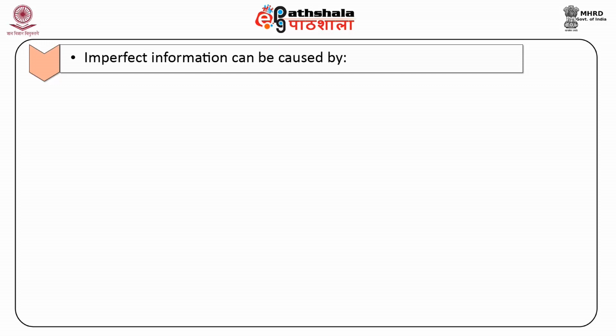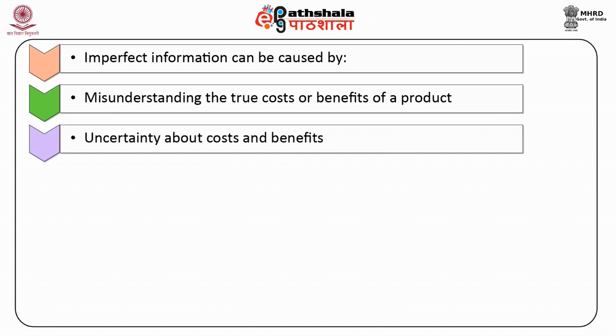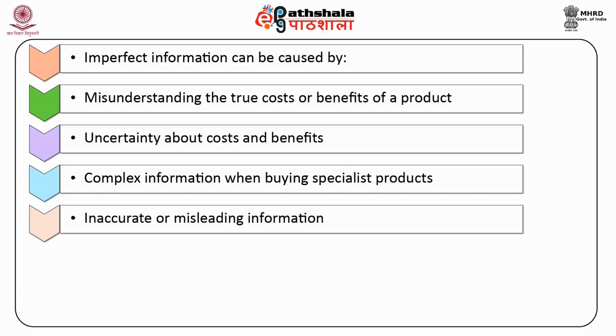Imperfect information can be caused by the following: misunderstanding the true costs or benefits of a product, for example, the side effects of using tanning salons or painkillers; uncertainty about costs and benefits, for example, should younger workers be buying into pension schemes when we can only guess at conditions in 40 years' time; complex information when buying specialist products; inaccurate or misleading information, for example, persuasive advertising may oversell the benefits of a product, leading to more consumption than is optimal.